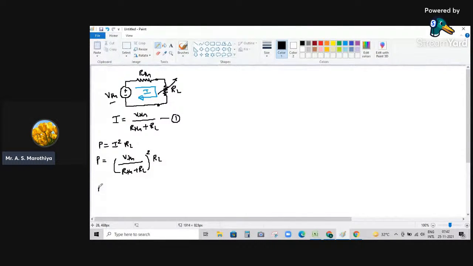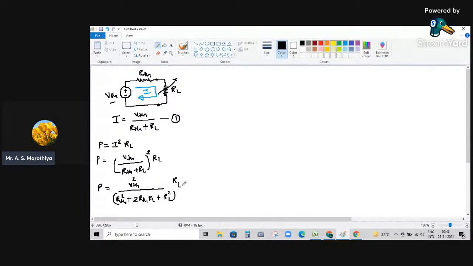Or I can write here power is equal to VTH square divided by RTH plus RL whole square, so A square plus twice AB plus B square, so RTH square plus twice RTH into RL plus RL square, and this is multiplied by again RL.